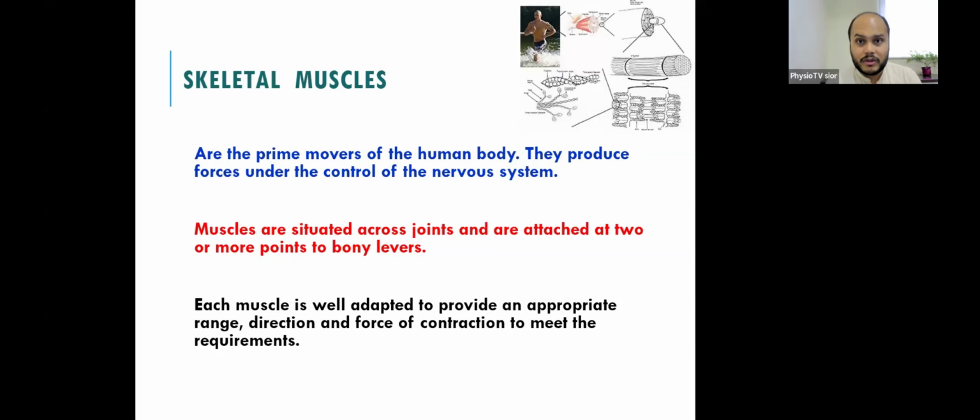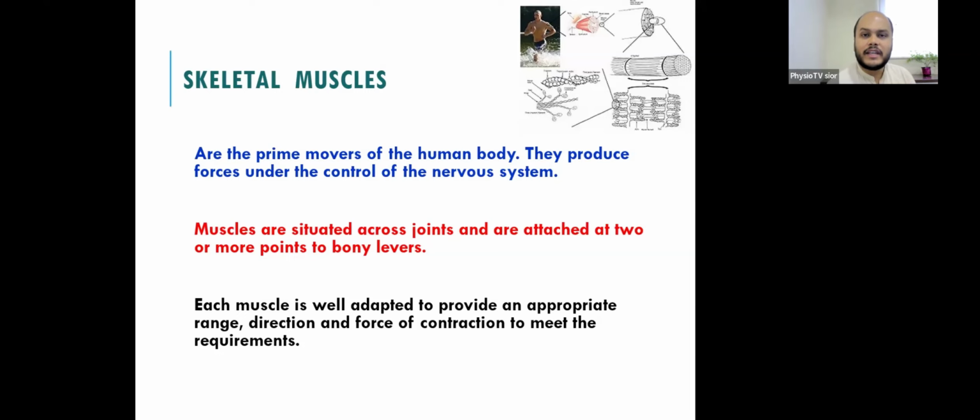So we'll be talking about this in detail further on when we talk about the muscle receptors and when we talk about the Golgi tendon organ and muscle spindle in our upcoming sessions. They are basically attached across joints. Now, these muscles basically have a type of classification that we look at, and we'll be again discussing this in detail.